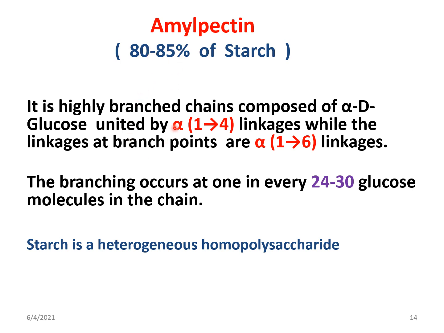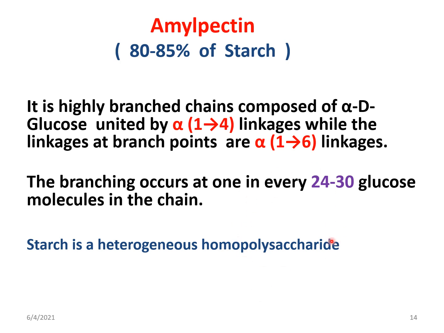It is a highly branched chain composed of alpha-D glucose units linked by alpha-1,4-O glycosidic bonds, while there is a branching point at the alpha-1,6 linkage, and the branching points occur at 1 in every 24 to 30 glucose molecules in the carbohydrate chain. Therefore, starch is called a heterogeneous homopolysaccharide.